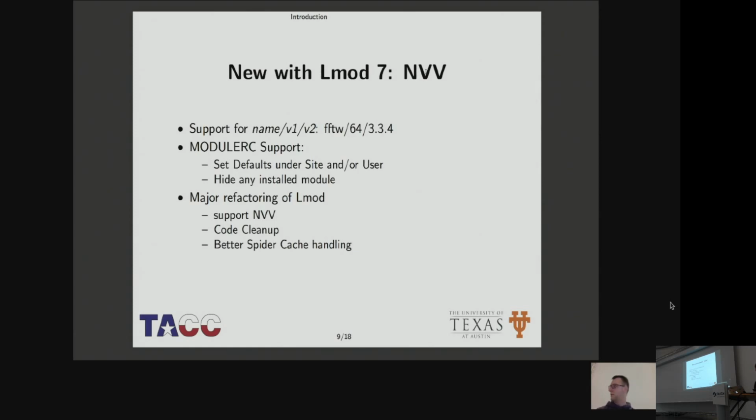They can also hide modules. This is because of the major refactoring of Lmod to support name version. There was a lot of code cleanup and much better spider cache handling. Lmod 6 and earlier could get in endless loops if a user had a directory reappear, and it would reconnect it, just go forever.